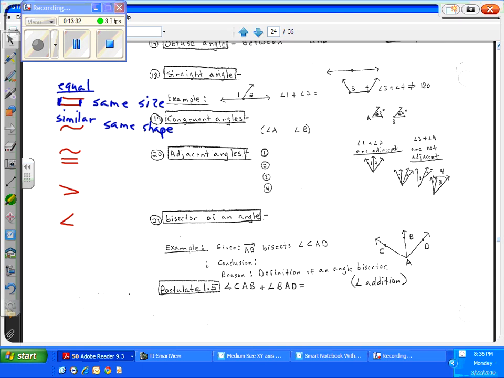So things that are shaped alike, but one may be larger than the other, you probably remember words like dilation, to enlarge or reduce, to scale up or scale down, would create similar figures. So when we put an equal sign with a squiggly, we have both same size and same shape. The same size comes from the equal. The same shape comes from the similar symbol. If it's both the same size and the same shape, we say that it is congruent.